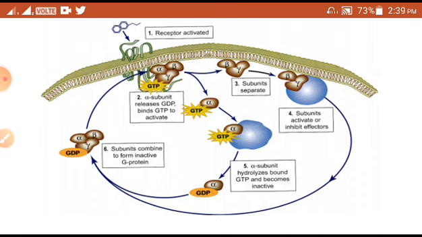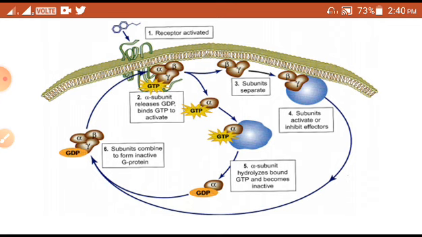Here you can see the separated beta and gamma subunits activate or inhibit effectors. So they also have some effect on some effectors, right? They will do their activation or suppression, and the G alpha is targeted to activate or depress its effector, right?